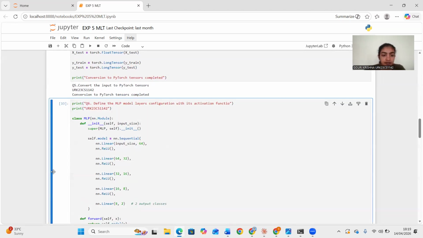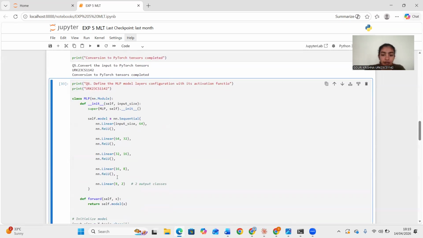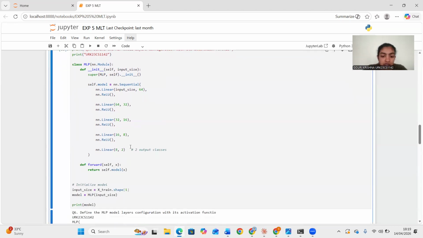And then question 6 is to define the MLP architecture. I designed a multi-layer perceptron with multiple hidden layers. The architecture is an input layer of 64, hidden layers of 32, then 16 and 8 neurons, then the output layer of 2 neurons.